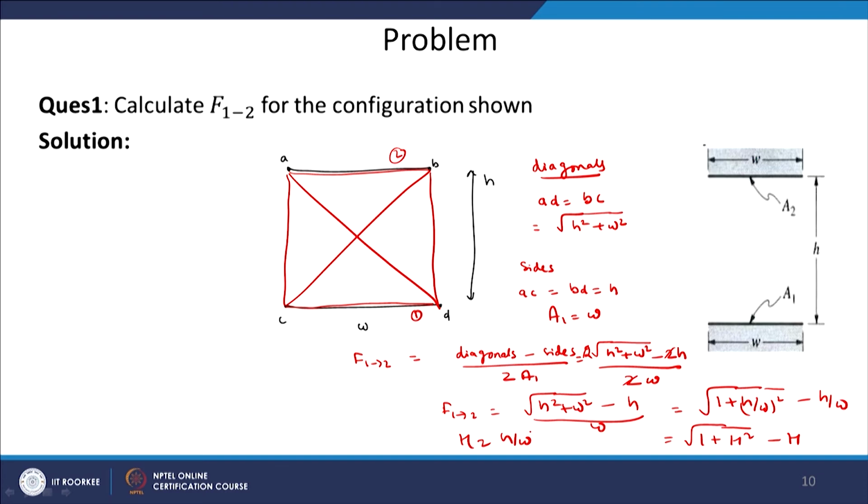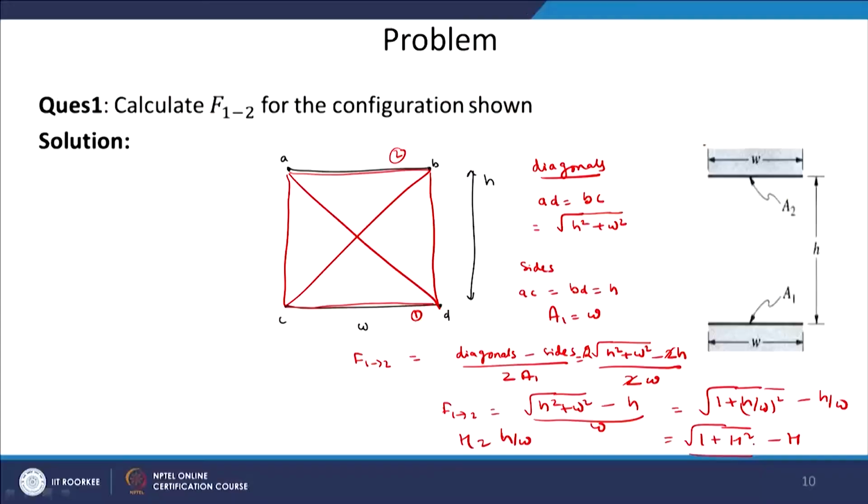We have already found this expression using the area integration method that involved complicated double integration, and the expression that we found for the view factor, if you can recall, was similar: root of 1 plus H square minus H, where H is the ratio of the separation distance divided by the width of the plates. This method can very easily give you the view factors for complicated geometries as well.